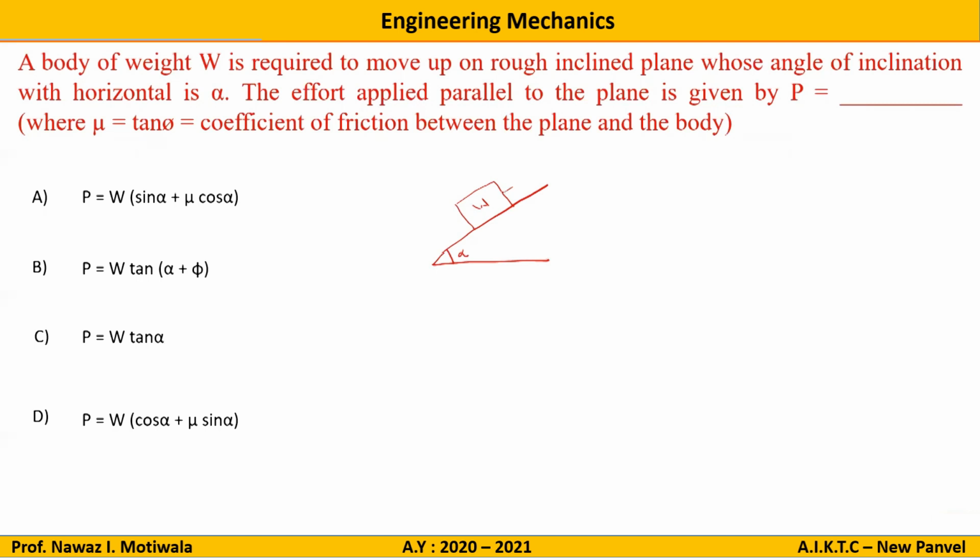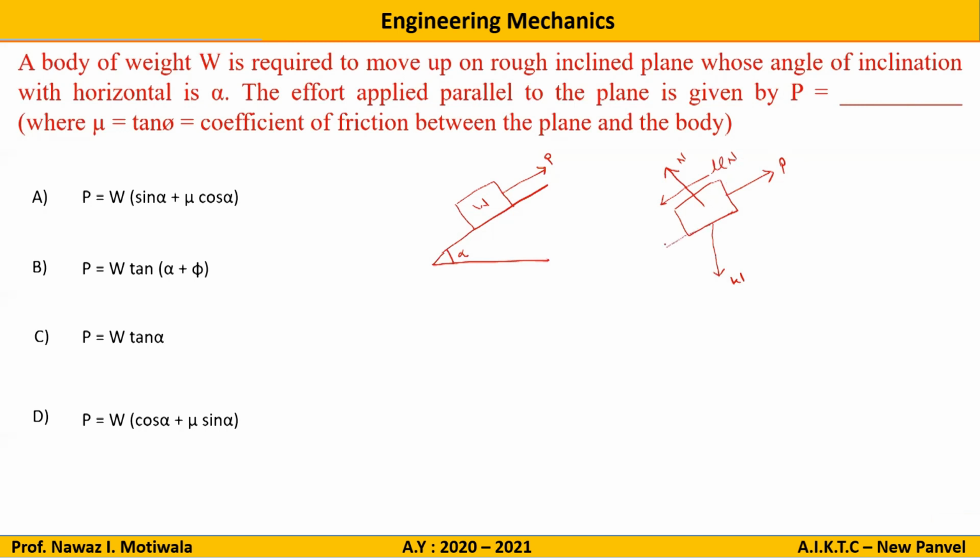The applied force is parallel to the plane, and we want the value of P such that it is in equilibrium. So again, first I will draw the free body diagram. First is the applied force, then the self weight, then the reaction from the contact surface, and finally the friction force, which will be mu into N.